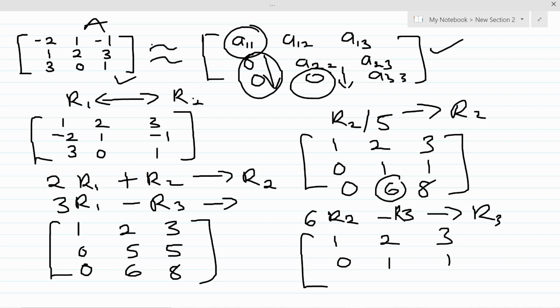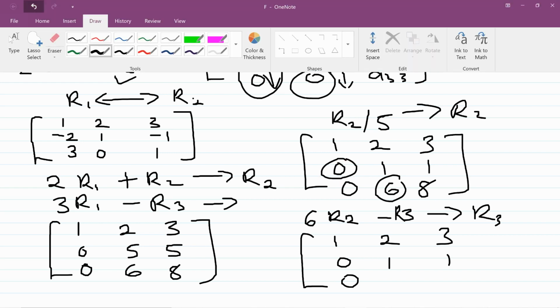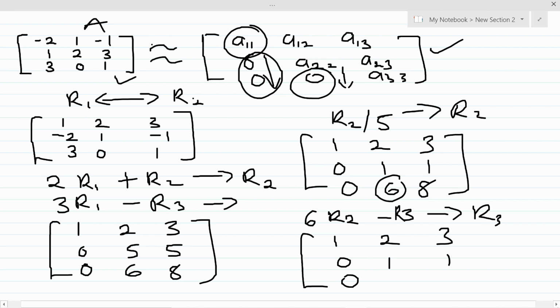Always write your pivoting row, that is the row that you are standing on to reduce it down. Now I have here 0 because 6 times 0, minus 0, will give me 0. Now 6 times 1 minus 6, so I'll get 0. 6 times 1 minus 8, I'll get what?